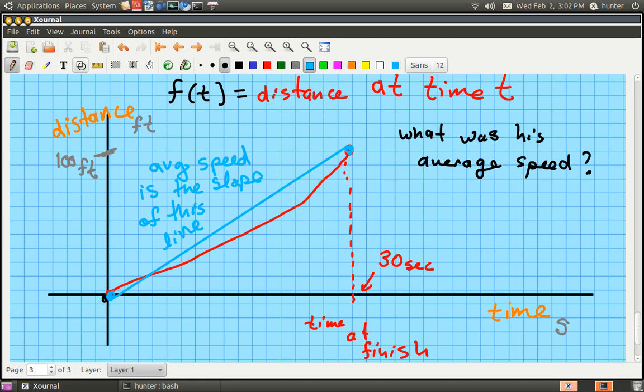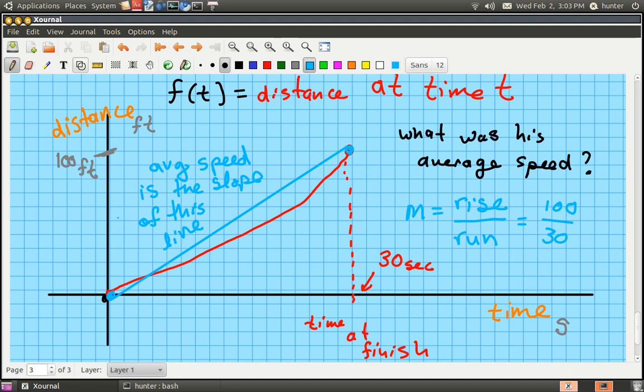I can't just declare that it's true if it's not really true. So why should it be true that the average speed is the slope of this line? It's because slope is rise over run. So what is the rise? The rise is how far he went, so the rise is 100, and the run is how far we go over, which is how long it took him, which is 30.